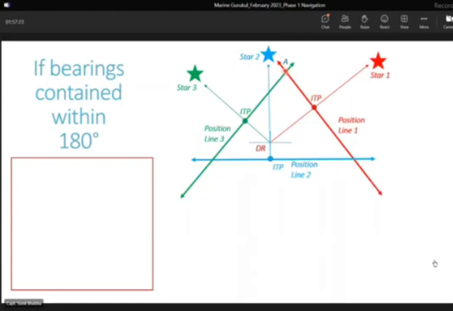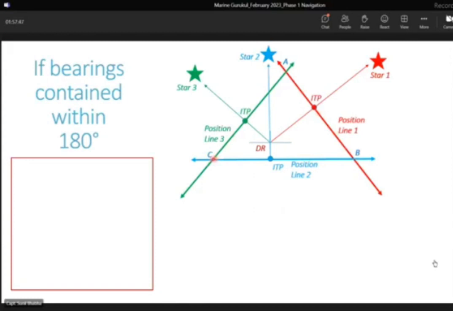This vertex, let's name it A. The second vertex where the red and blue lines intersect, let's name it B, Bravo. And the third vertex where blue and green lines intersect, let's name it Charlie. So we have the three vertices of the triangle, Alpha, Bravo, and Charlie.